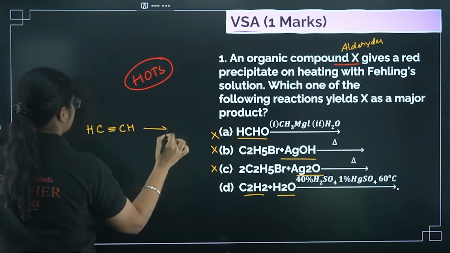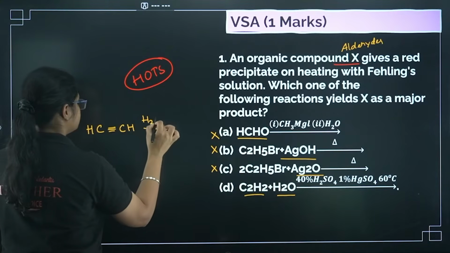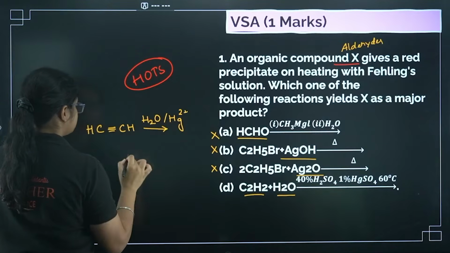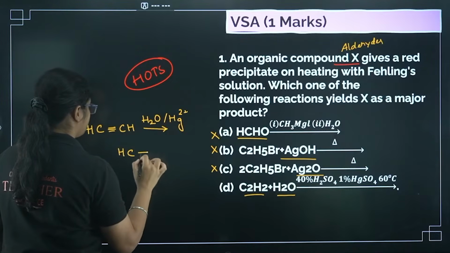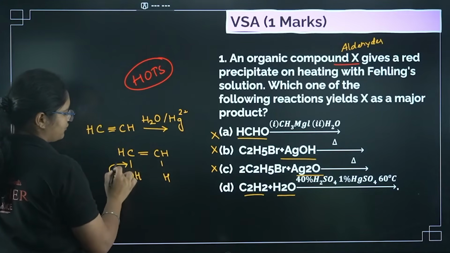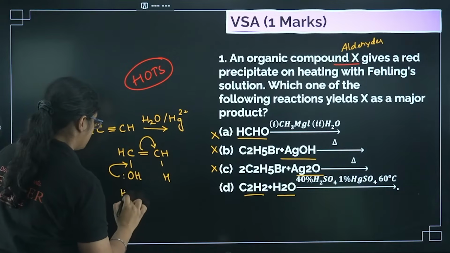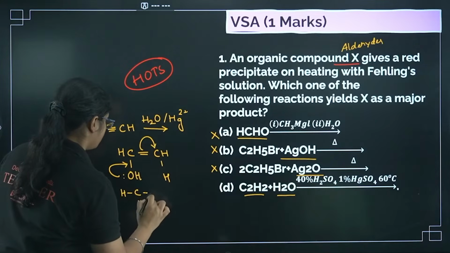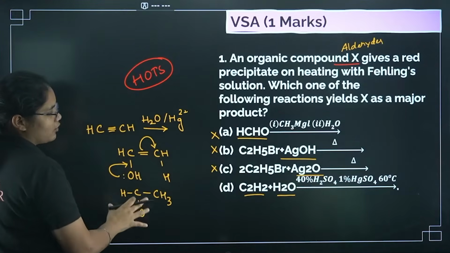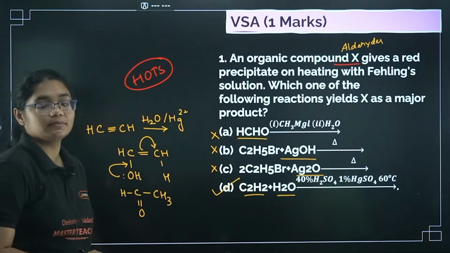When you treat it with water in presence of Hg2+, H and OH are added and you have a double bond. Now this lone pair will come here and this one will come here, and you will get HC double bond O and CH3. So this is your ethanal, the aldehyde formed. That is why the correct answer here is option number D.